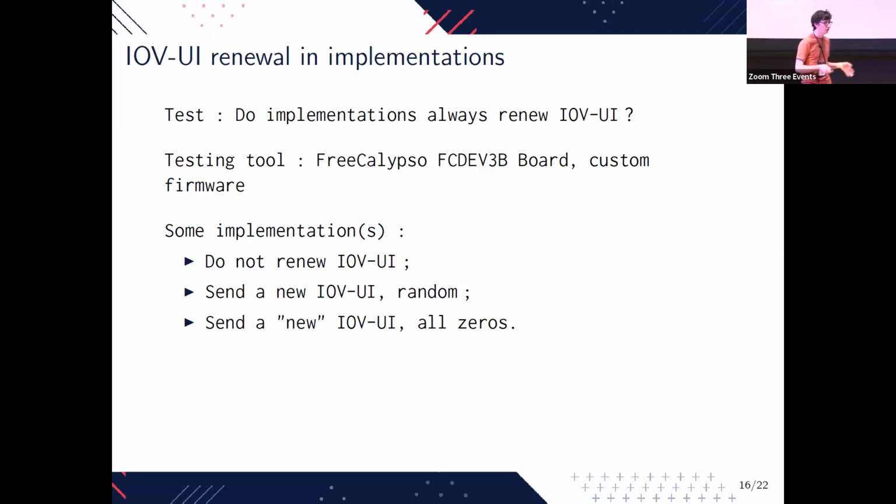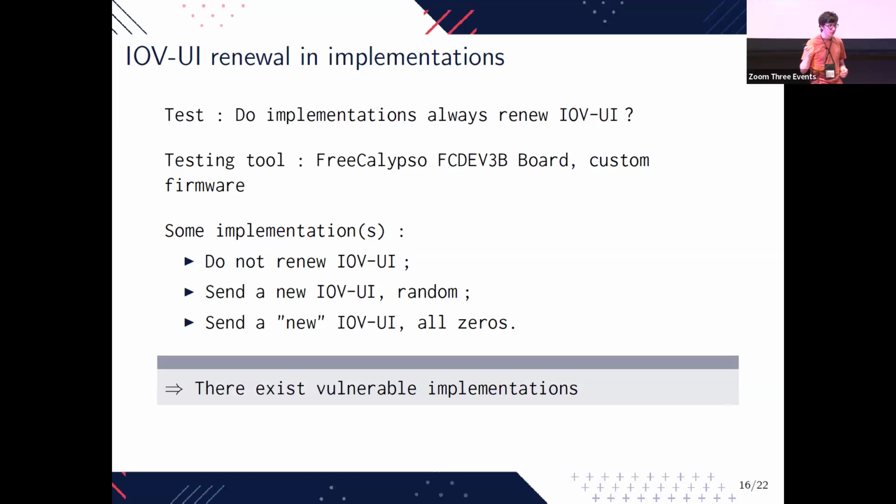Good, this implementation is not vulnerable. And third, a strange case, but it happened: an implementation sends a new IOV-UI, but in fact, the value is all zeros. So it sends a new IOV-UI and just sets it to its default value. So this implementation is vulnerable. So yes, there exist vulnerable SGSN implementations.